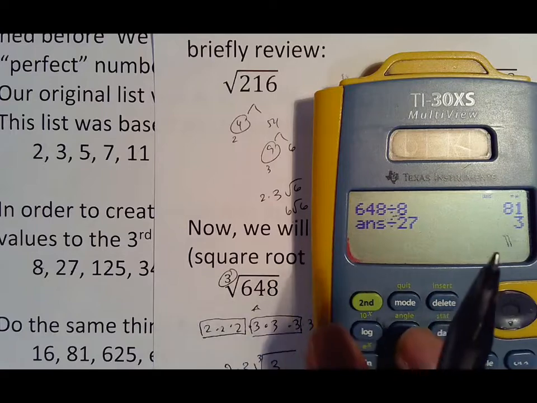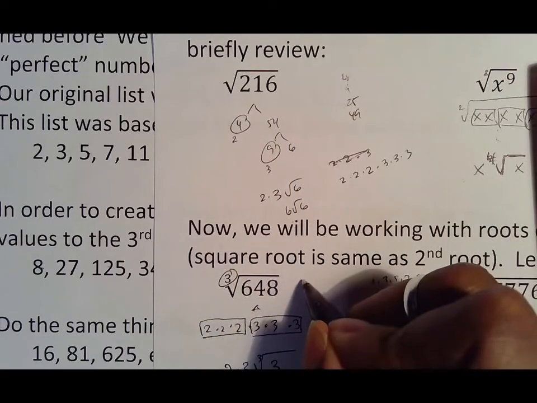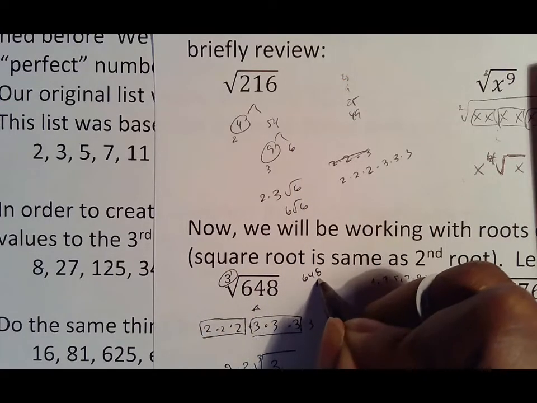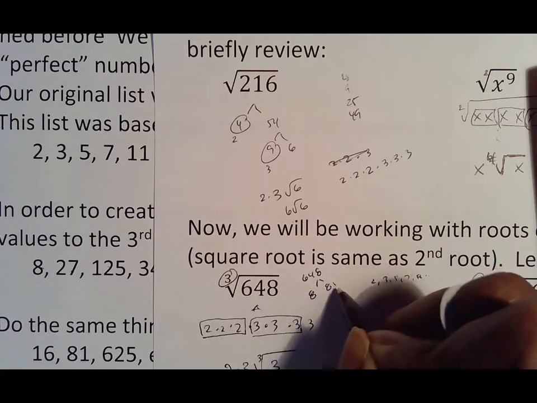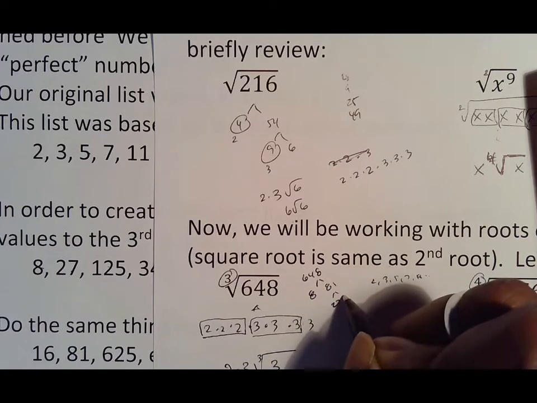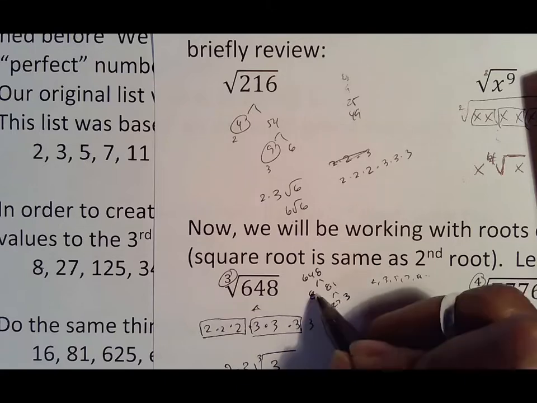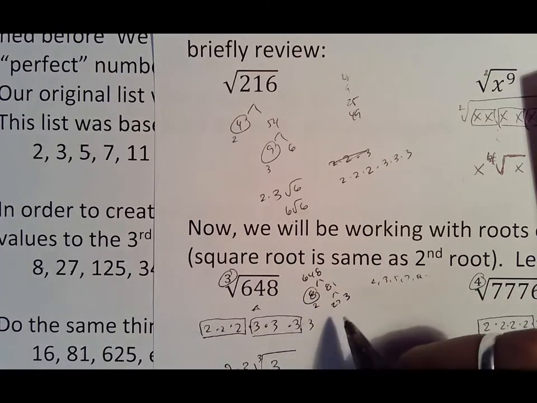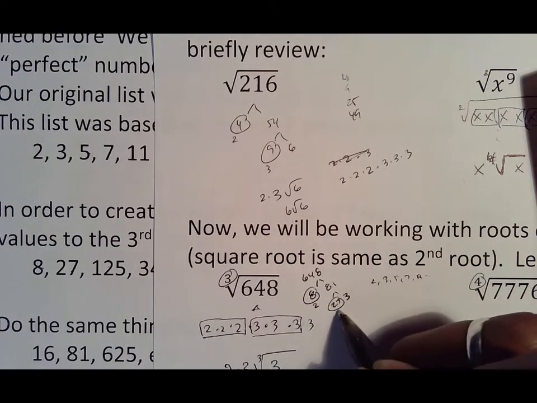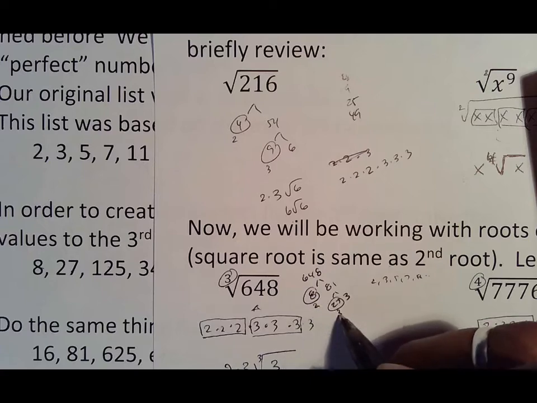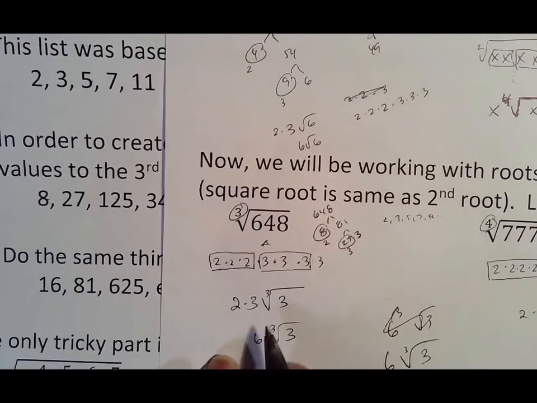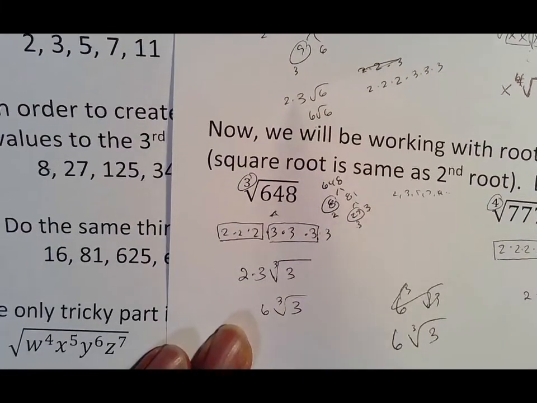So 648 would have been 8 times 27 times 3. And so 8, again, was the perfect cube of 2. 27 was the perfect cube of 3. 2 times 3 is 6 with a 3 on the inside. And again, there's your 6 times the third root of 3.